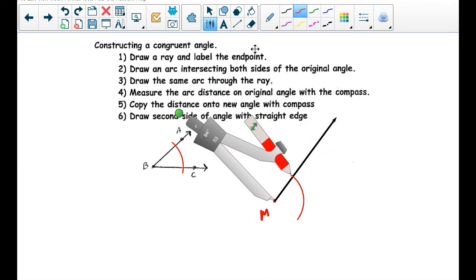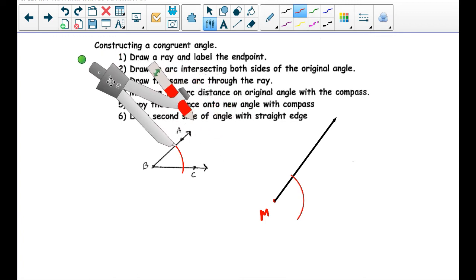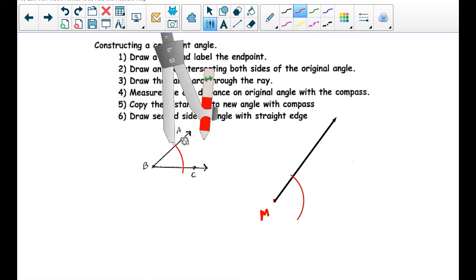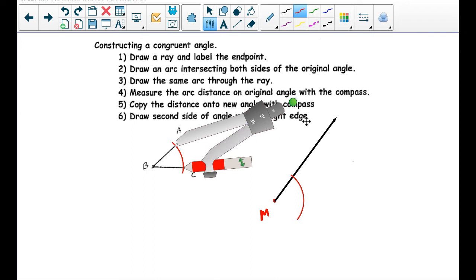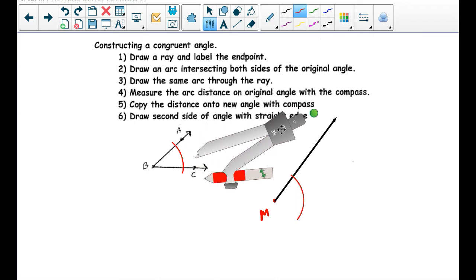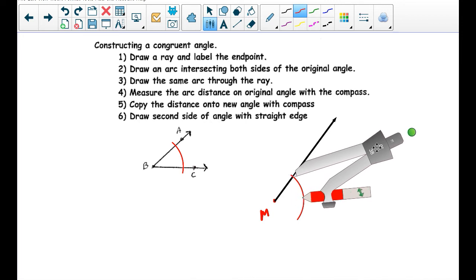Alright, so then it says measure the arc distance on the original angle with the compass. So now I'm going to go back to the original. And on these intersection points, I'm going to put my compass. So here we can see the two intersection points, and then I'm going to take the compass to the new angle.